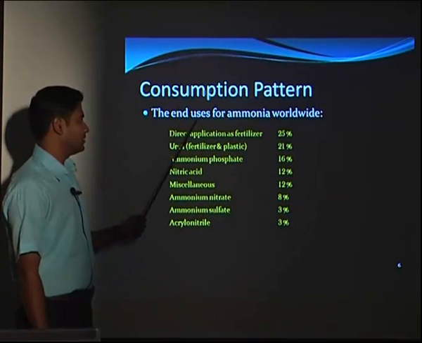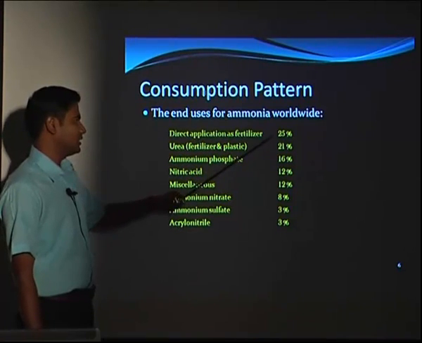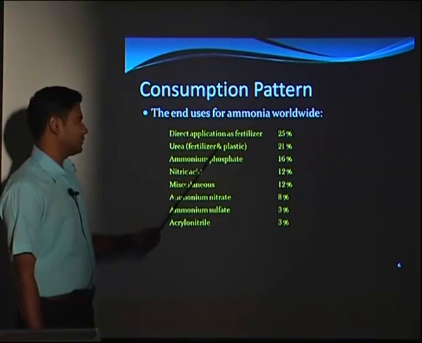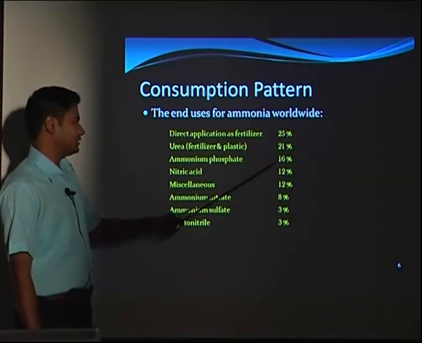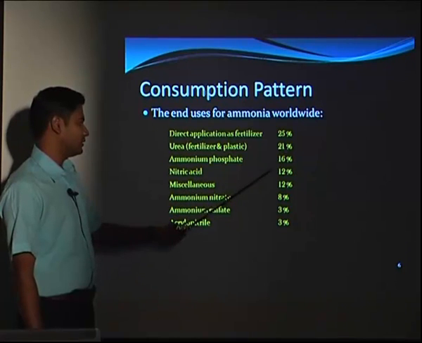Then if you see the consumption pattern of ammonia worldwide, mainly it is used directly as a fertilizer, up to 25%. Then in urea, which is used for fertilizer and the plastic industry, it is 21%. Then phosphates 16%. And production of nitric acid utilizes 12%. Then others is 12%.